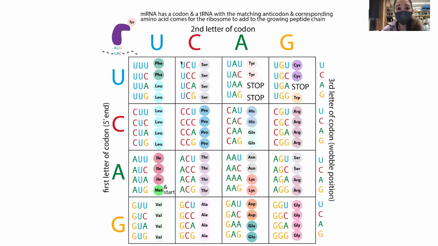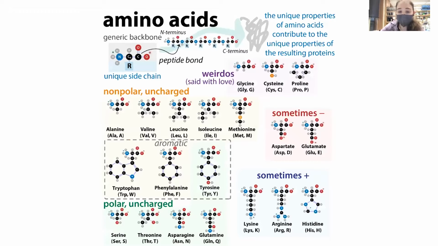So through evolution, when these protein recipes are being made, they have this menu. For most organisms, you have these 20 amino acids to choose from.